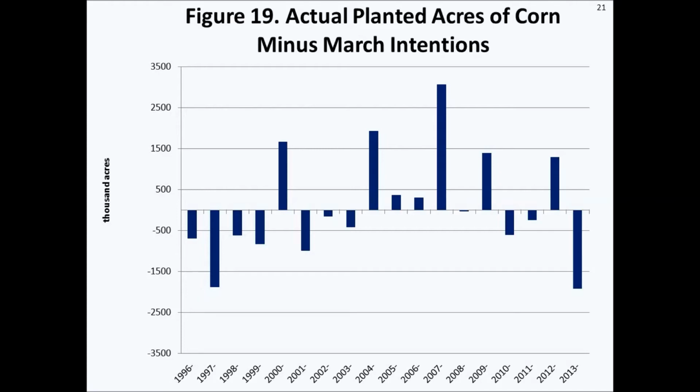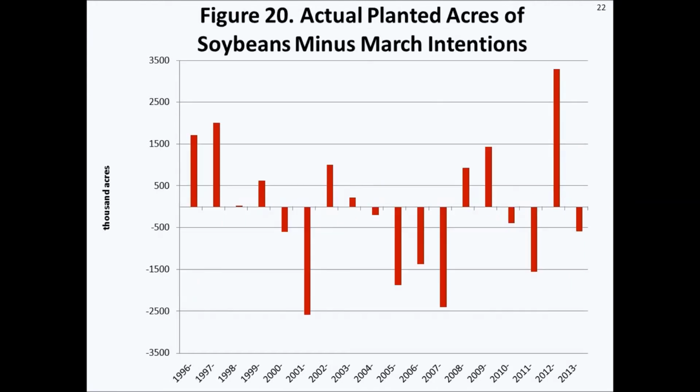Figure 19 is a look at the history of corn, actual planted acres minus March intentions, and you can see that those have varied considerably over time, and the way that spring weather unfolds and the way prices behave between now and when planting is finished probably will influence that to some extent.